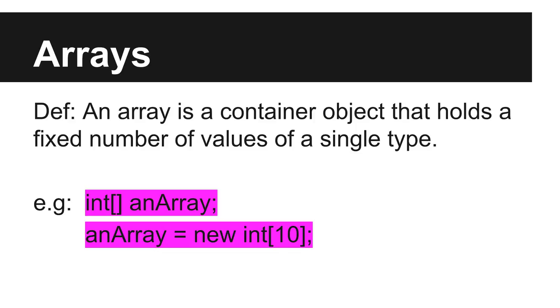But you must initialize this structure with the keyword new. We will see what this means in the next section. For now, think of it as something you need to write to create the array.